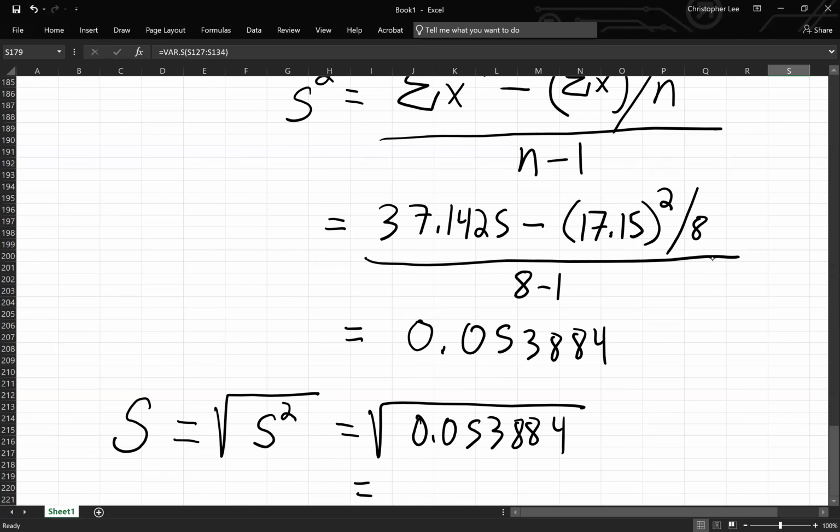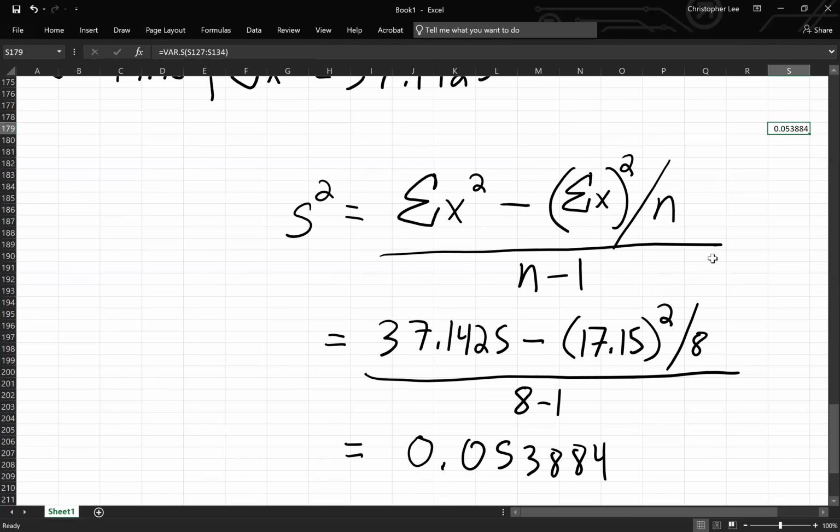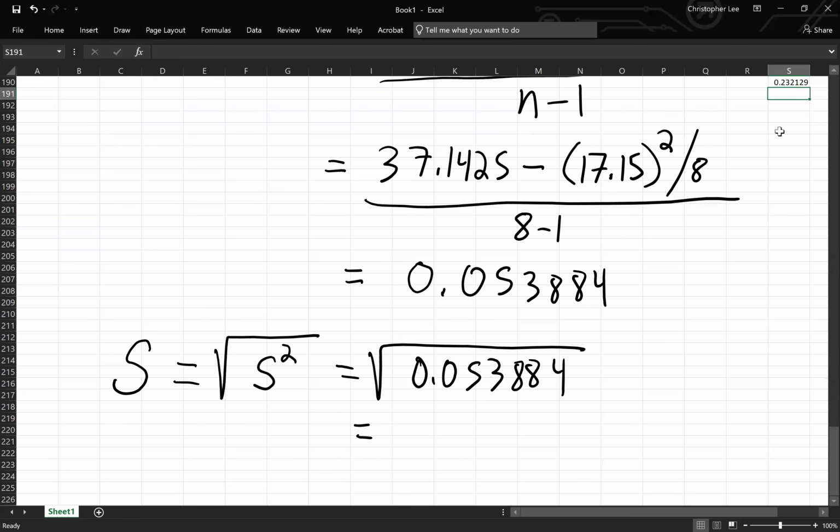So now let's see what I get. 0.232129. This is my standard deviation. And that's it.